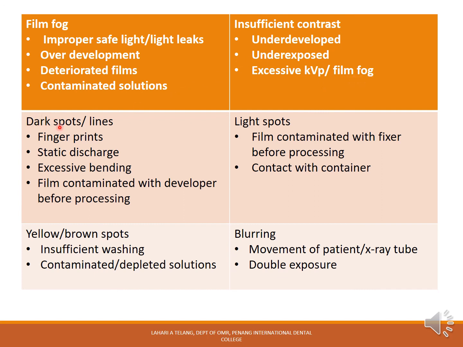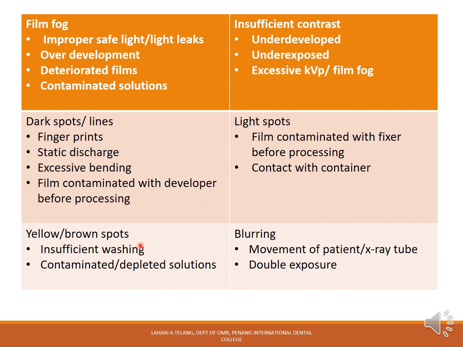Then you could have dark spots or lines, which can be due to fingerprints, static discharge when you rip up the film packet too fast before processing, excessive bending of the film while trying to place it in the patient's oral cavity, which leads to dark lines due to crease lines, and film being contaminated with developer before processing.